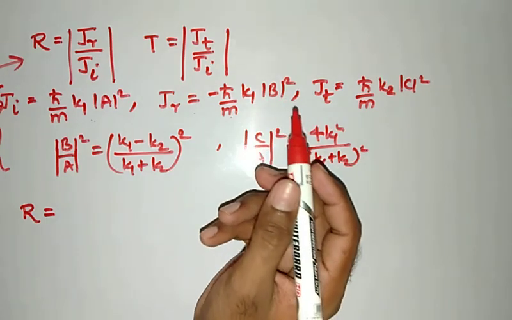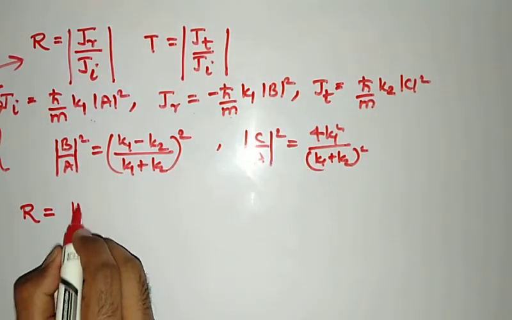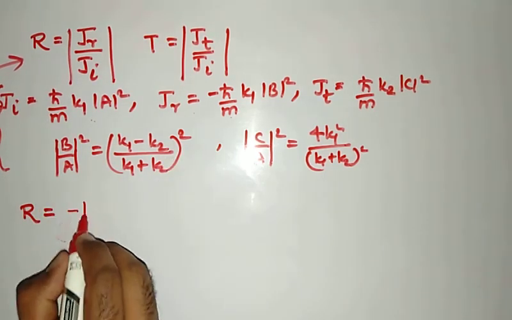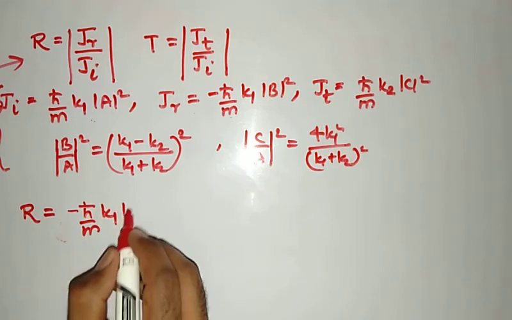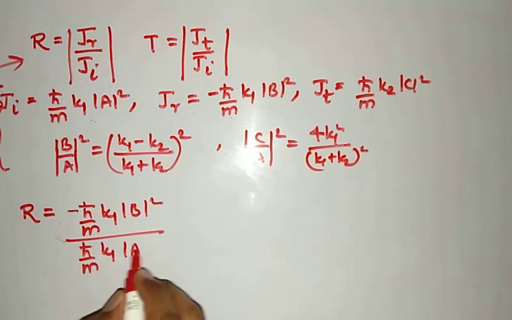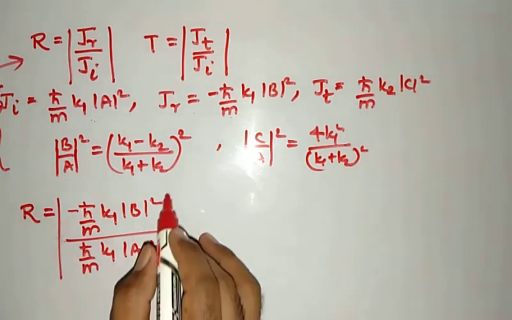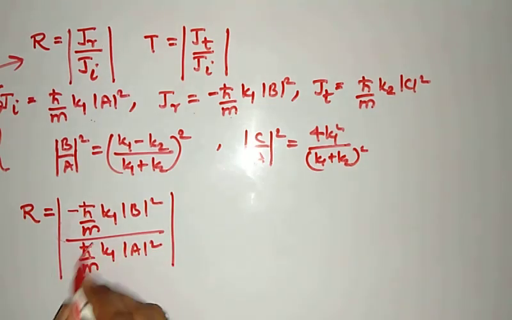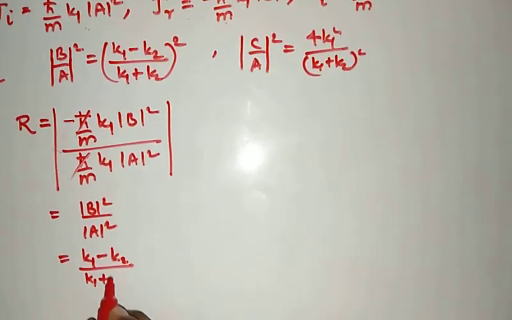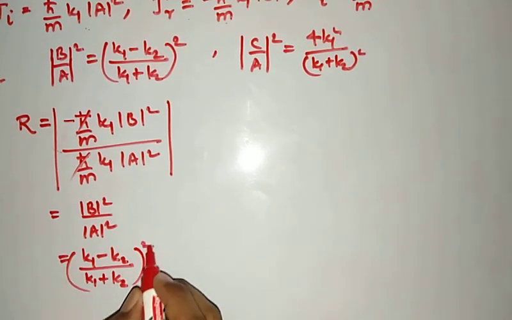What is remaining is ħ by m k1 mod b square by ħ by m k1 mod a square. This is taking the modulus, and the common factors will cancel out. What we have is mod b square upon mod a square, which is this one, (k1 minus k2) by (k1 plus k2) square. This is R.